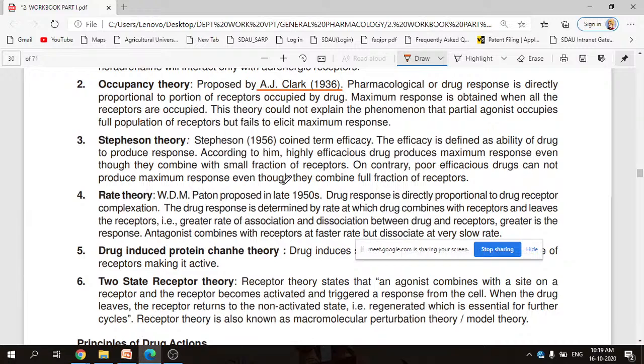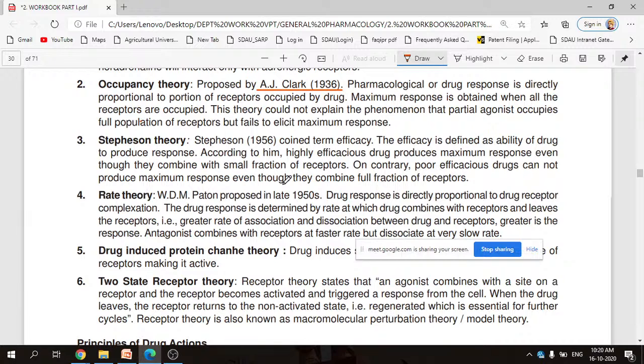According to this theory, the pharmacological or drug response is directly proportional to the fraction of the receptors occupied by the drug. Very simple to understand.